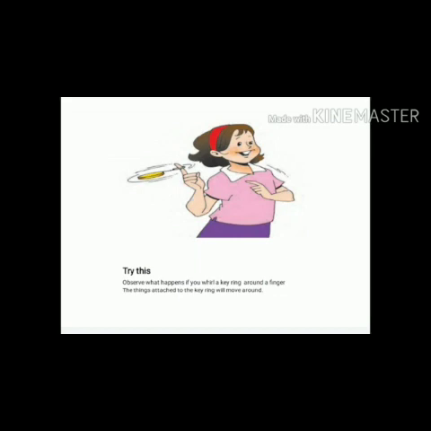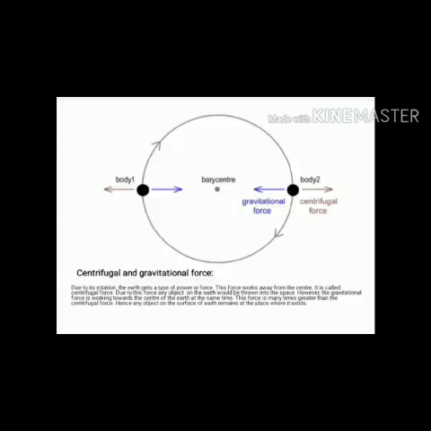The answer is, the things attached to the key ring will move round. Now, in all the activities, what type of force is applied? In all the above activities, the effect of centrifugal force is visible.